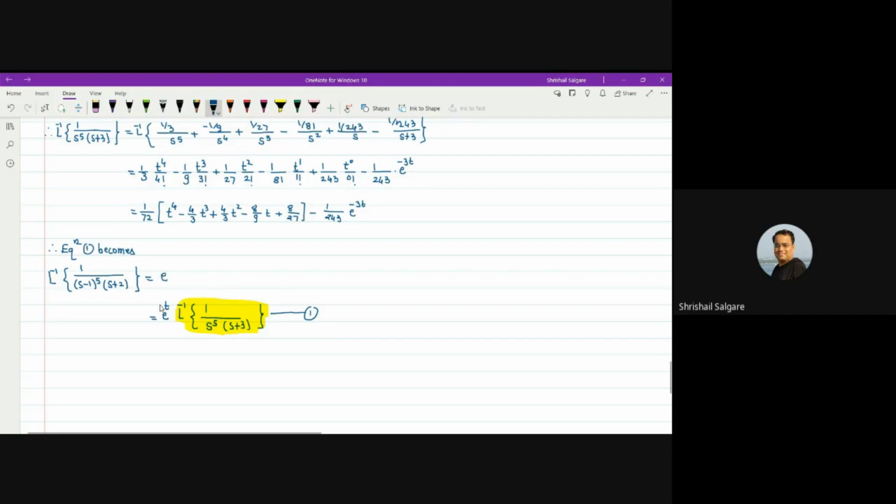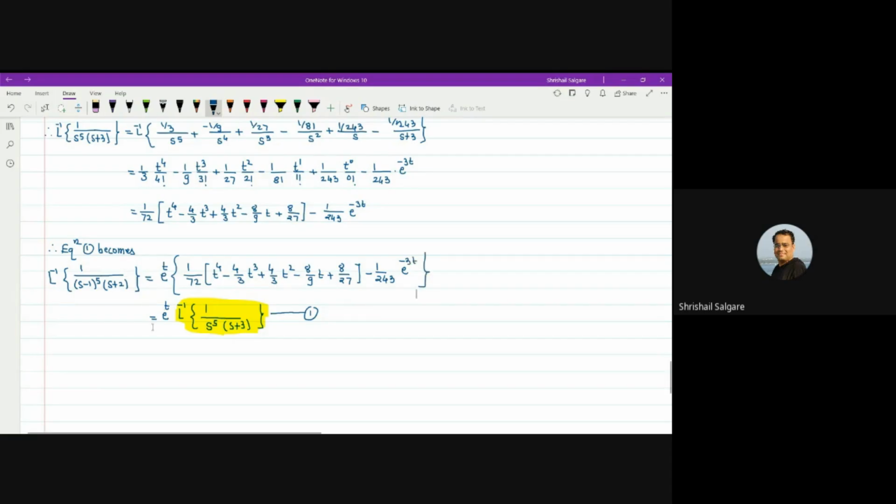Whatever answer you are getting, for that answer you have to multiply by e raised to t. E raised to t into 1 upon 72 into bracket t raised to 4 minus 4 by 3 into t cube plus 4 by 3 into t square minus 8 by 9 into t plus 8 upon 27 minus 1 upon 243 into e raised to minus 3t.